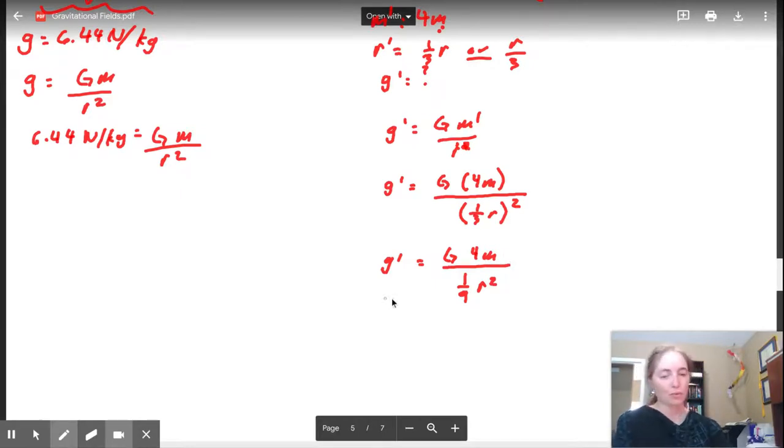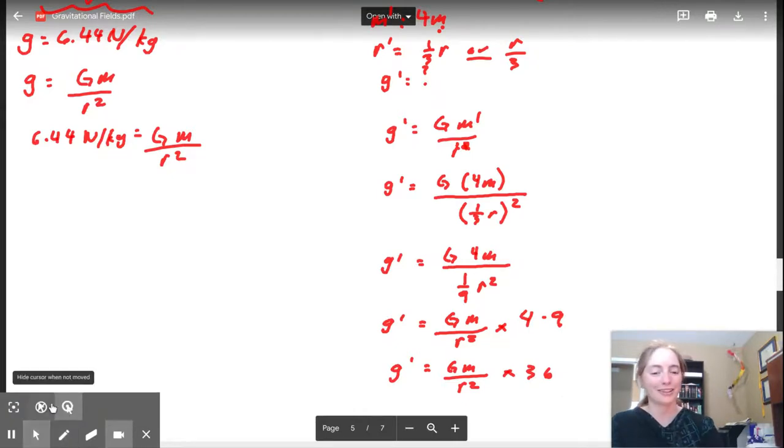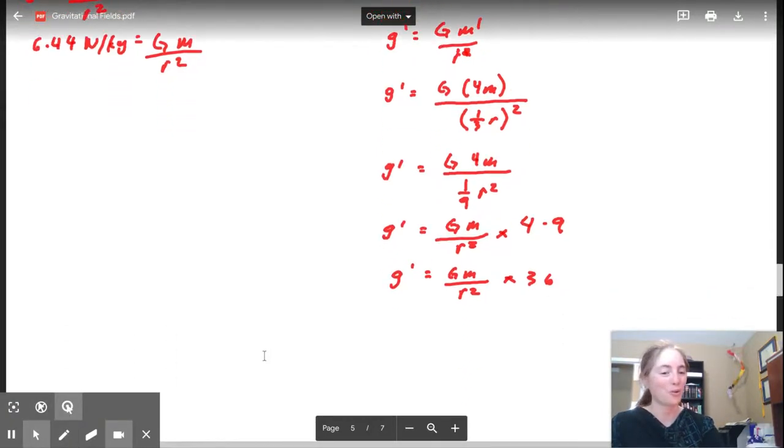So when I factor out Gm over r squared, 4 is on the top, and 1 over 9 really means I'm going to factor out 9. So I'm going to factor out 4 times 9. So g prime is equal to Gm over r squared times 36. So my gravitational field strength is going to be 36 times what it was.